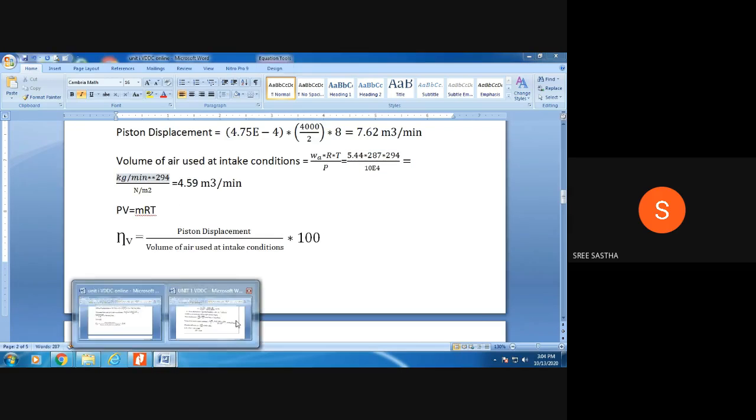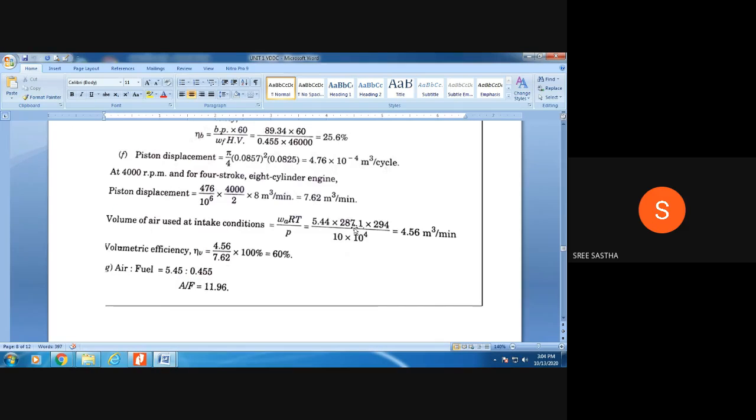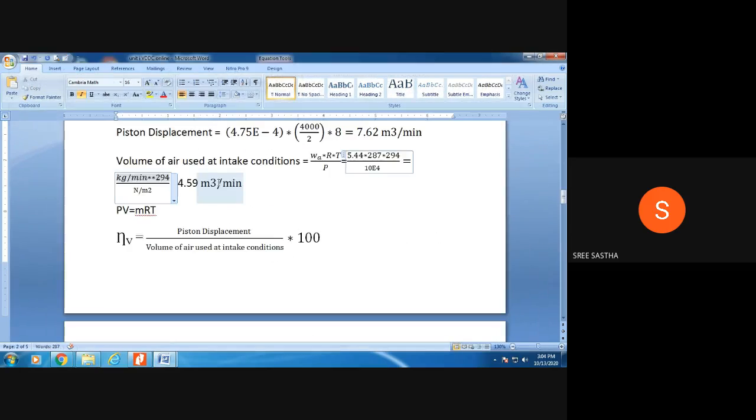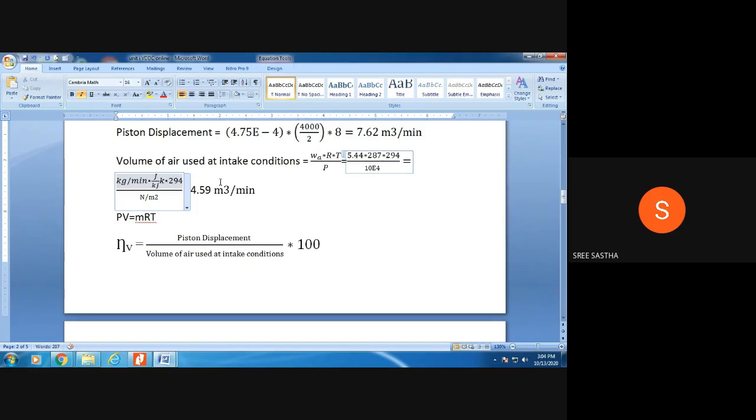You should not use 0.287, then it will be kilojoule. So see, it is 287 joule per kilogram Kelvin. That is very, very important.